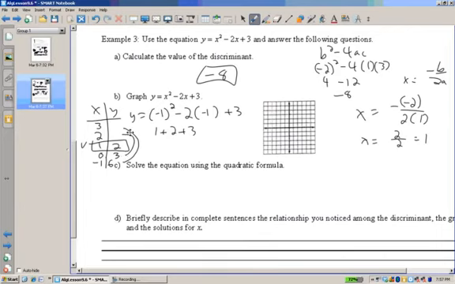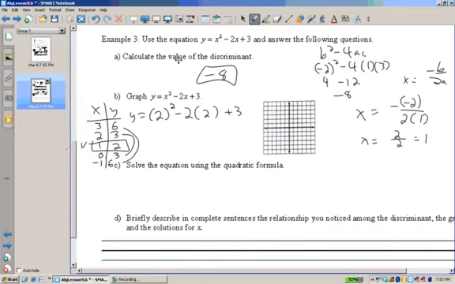So let's just try the 2 and see how it's working. Two squared is 4 minus 4 plus 3. 0 plus 3 is 3. And we have 6 here.